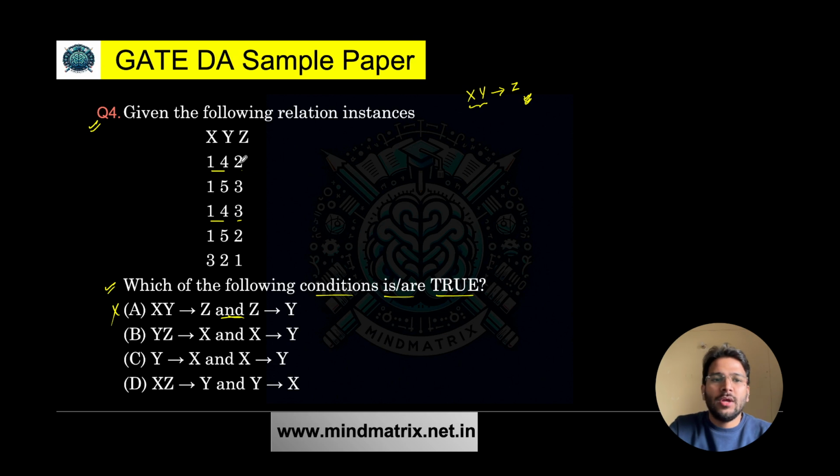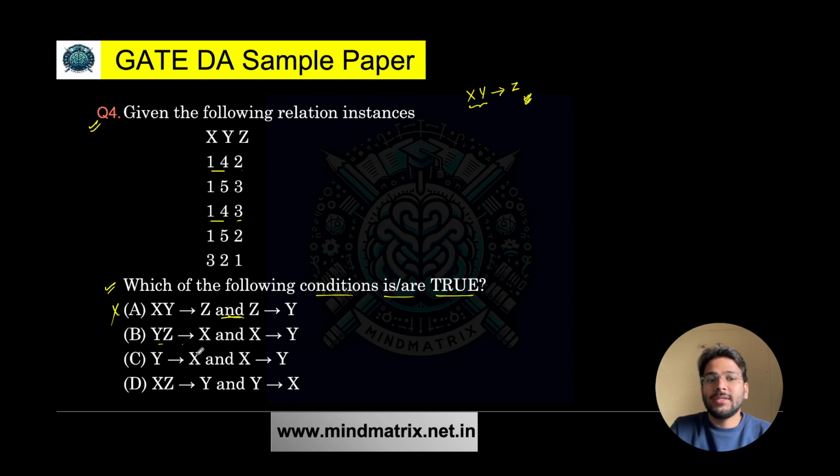Z determines Y. So 2 determines 4, 3 determines 5, and 3 determines 4. That is also incorrect, right? Because Z has to uniquely determine Y, and 3 is determining 5 as well, and 4 also. So that is also incorrect. What about option B?